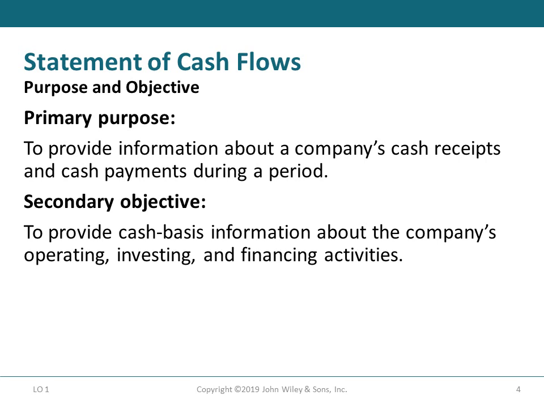This statement has two purposes, one primary purpose and one secondary purpose. The primary purpose is to provide information about the company's cash receipts, cash collections, and cash payments during an interval of time. The secondary purpose is to provide cash basis information, not accrual basis information as in other statements, about the company's operating, investing, and financing activities.